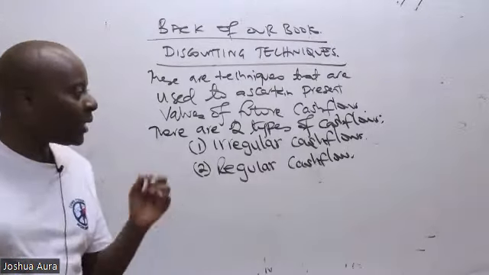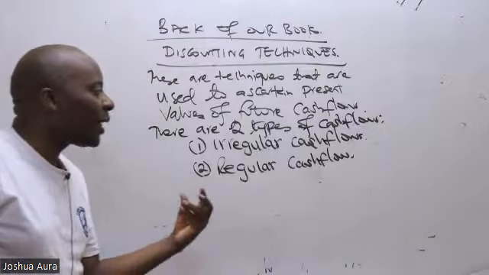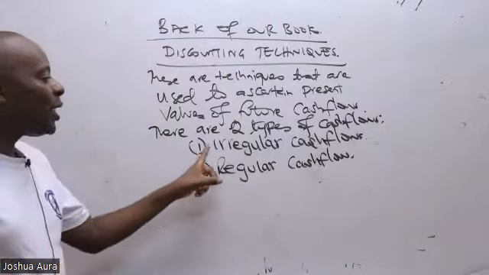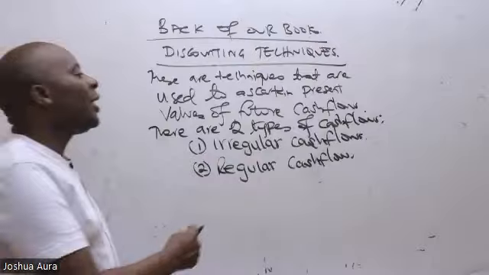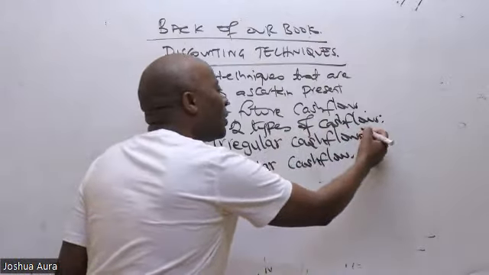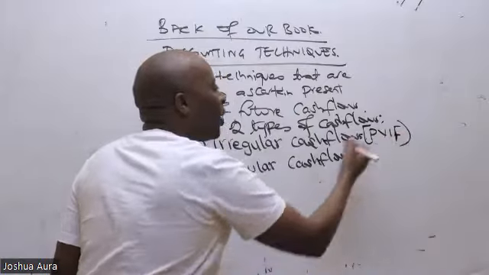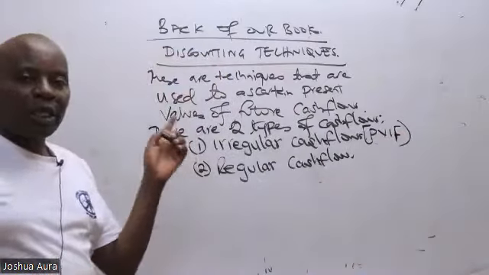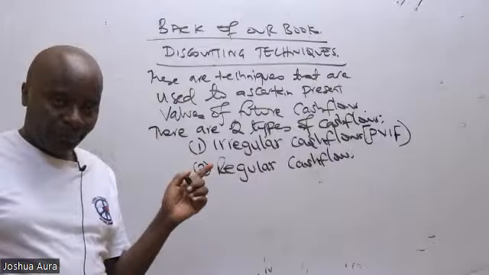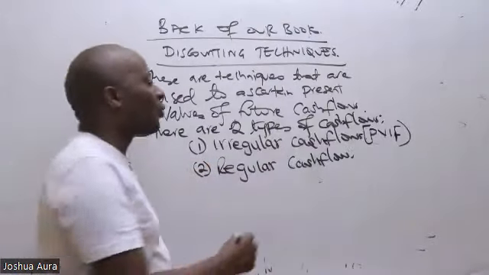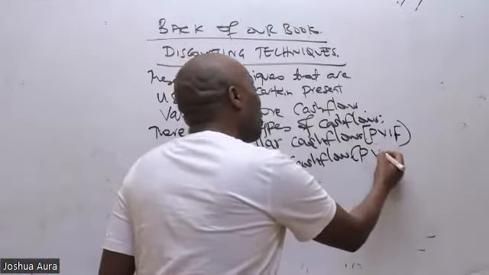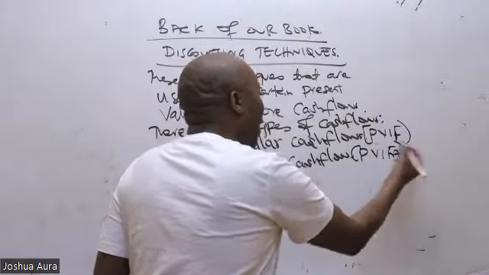Now, ladies and gentlemen, as I strive to put my case forward, whenever you hear of irregular cash flows, they will be discounted using PVIF. Just write it like that. And then regular cash flows will be discounted using the famous PVIFA.